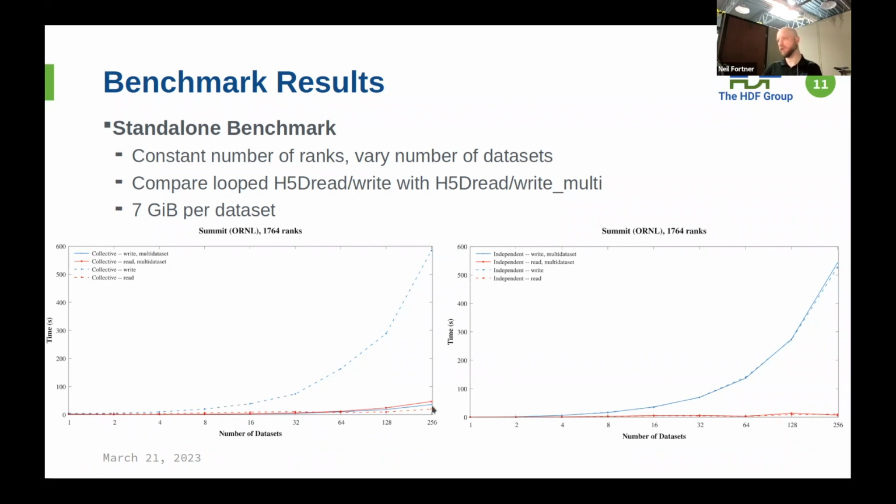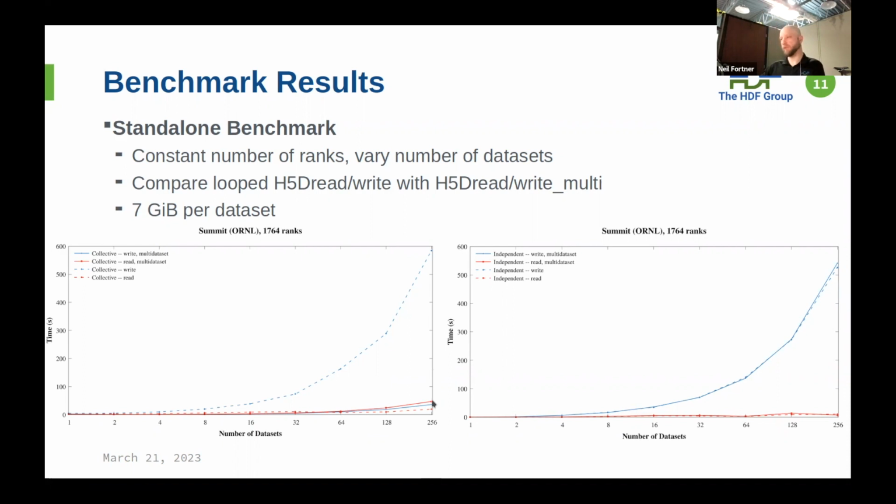This is multi-dataset collective, and this is single dataset collective in a loop. For the write, it gives you a huge speedup, but for the read it actually slows down, at least above 64 datasets.